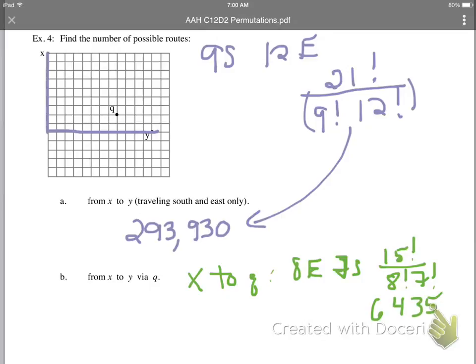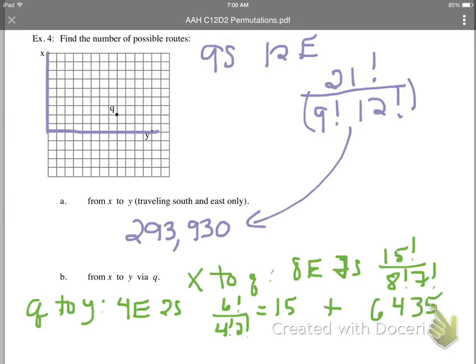And then to go from Q to Y, you'd have 4 east and 2 south. So now that's a total of 6 factorial divided by 4 factorial, 2 factorial. If you multiply that on your calculator, you get 15.